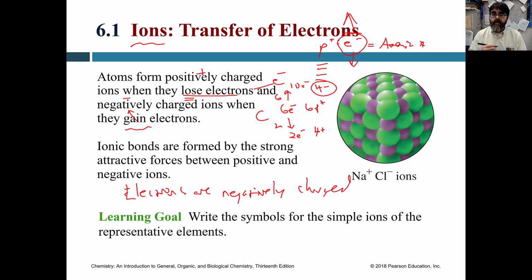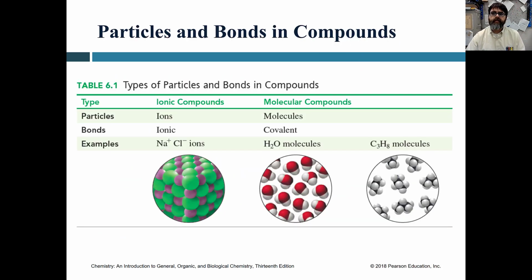And so then what ends up happening is when we get into having ions, then we can start to form ionic bonds, because you know that opposite charges attract. And we mentioned that briefly previously as well.